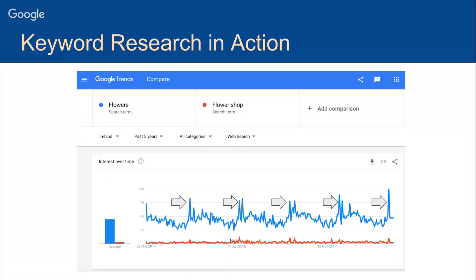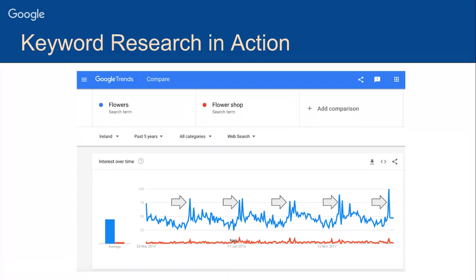So Maeve jots down that Valentine's Day flowers is obviously a good topic to write about as well on her flower shop website. But Maeve also noticed that there is a second spike in search volume for flowers within this graph, and it happens quite close to the Valentine's Day spike.